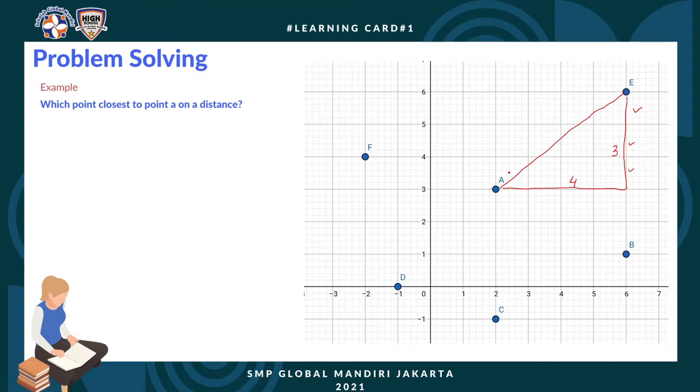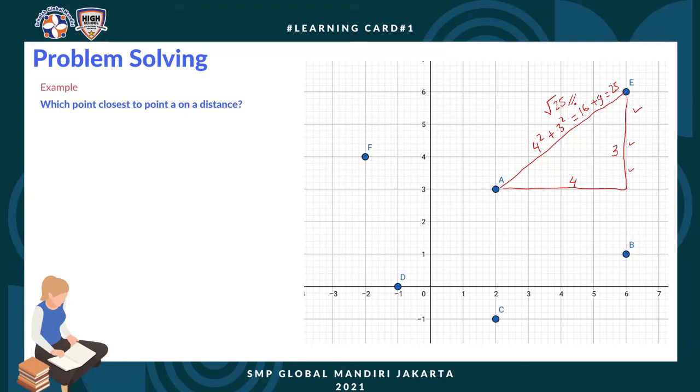Then we calculate the distance of A and E by finding the square of these numbers. So 4 squared plus 3 squared will be 16 plus 9, and the answer is 25. So the distance of these 2 points is the square root of 25.